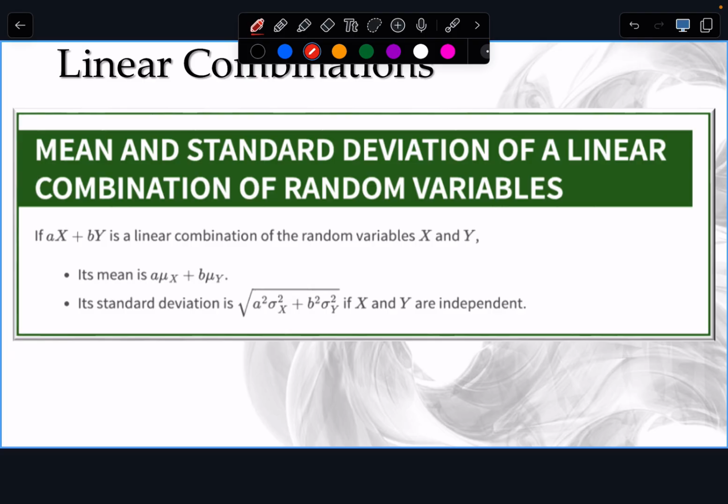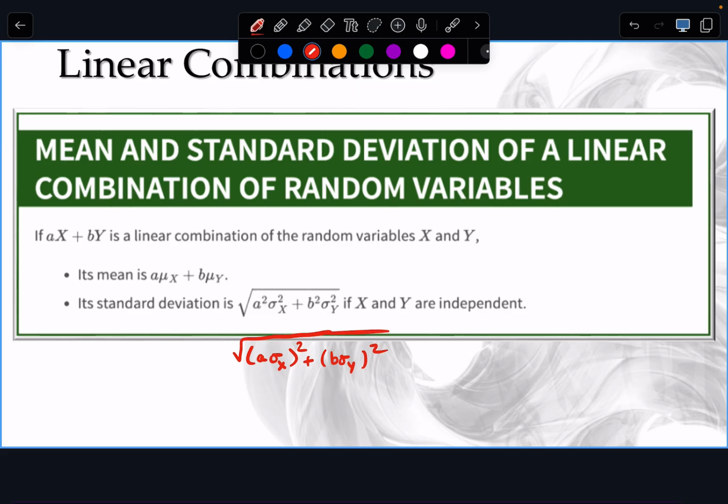So what I could do here is, for this standard deviation calculation, I could take a times my standard deviation of x first, and then square it, and then take b times the standard deviation of y, and then square it, and then combine them.